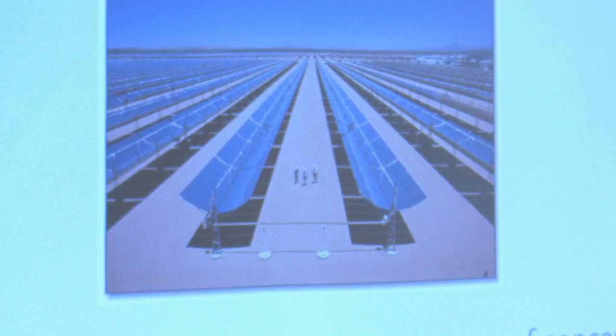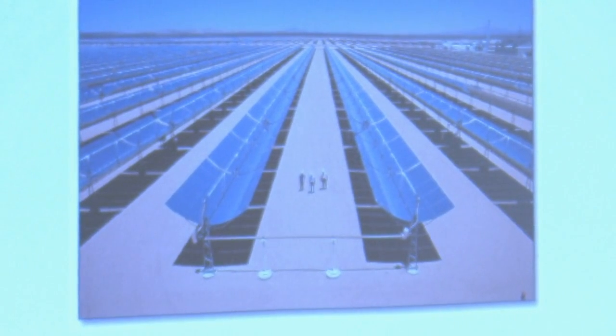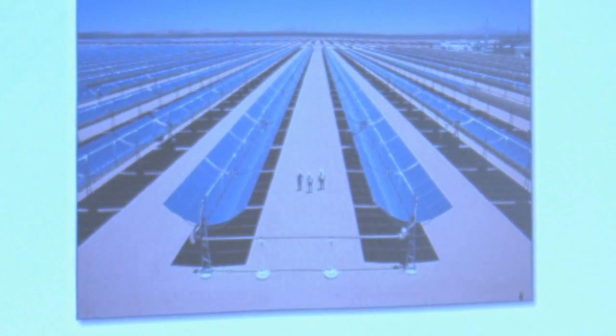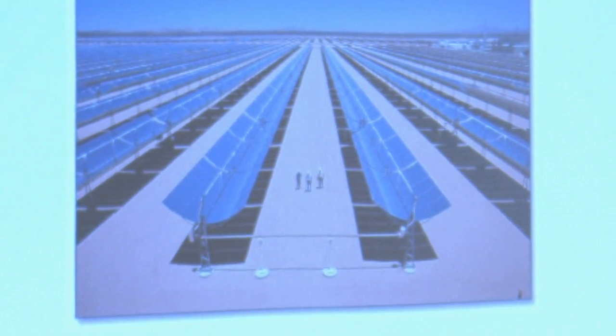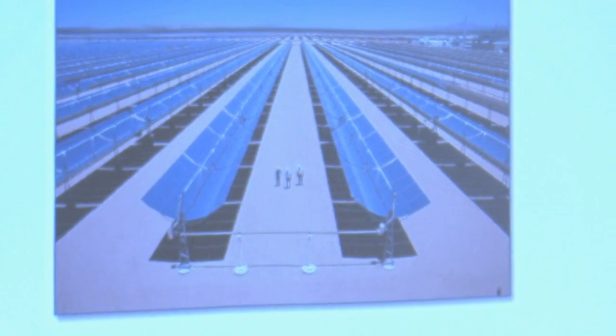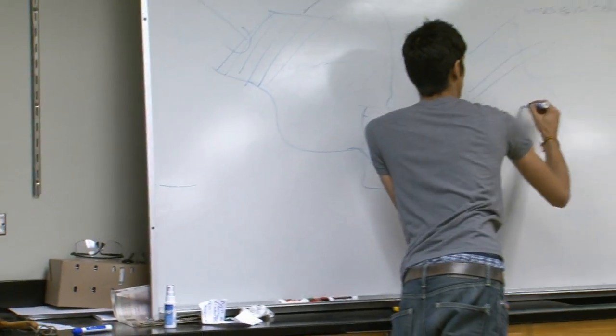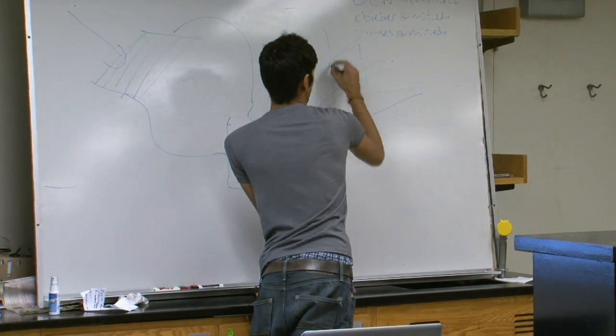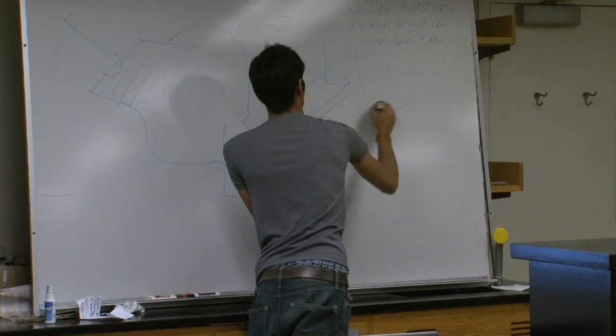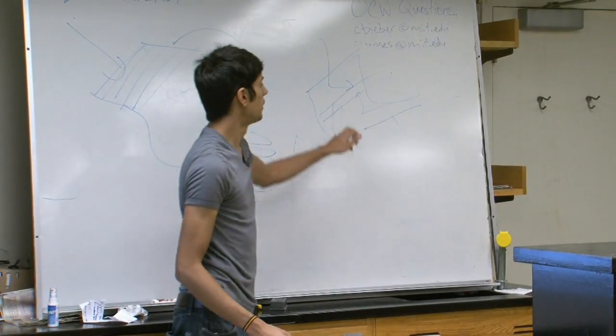Yeah, and the way this works is it's similar to this, except you have your pipes that have water in them, but then you have these concentrating troughs that are focusing all of the sunlight onto the pipes.